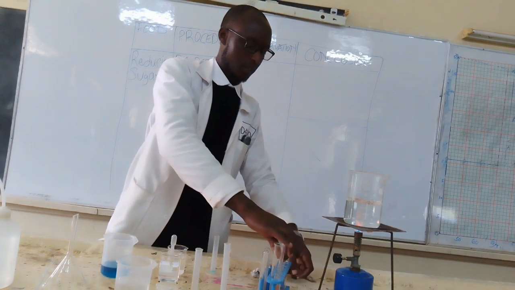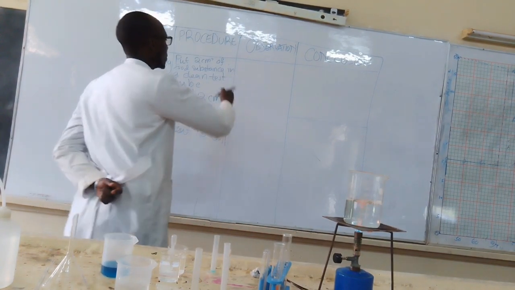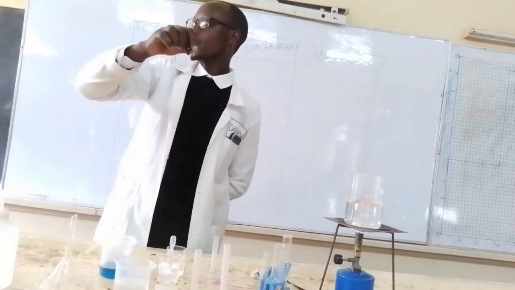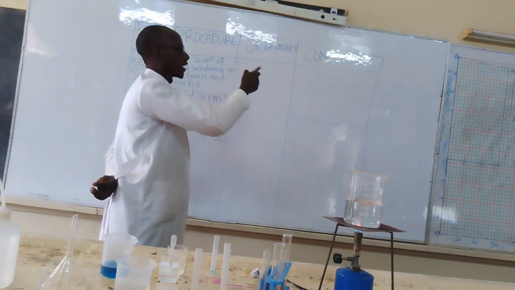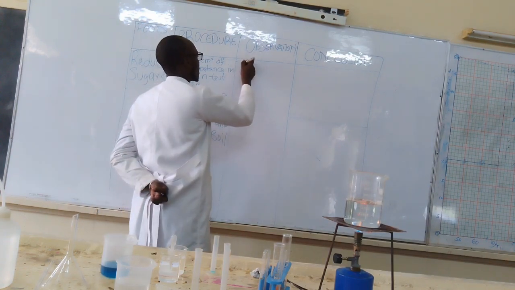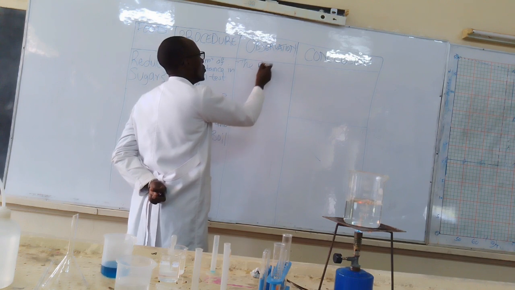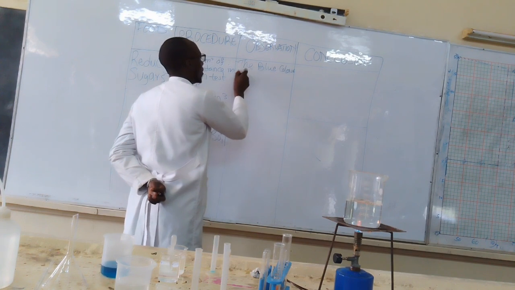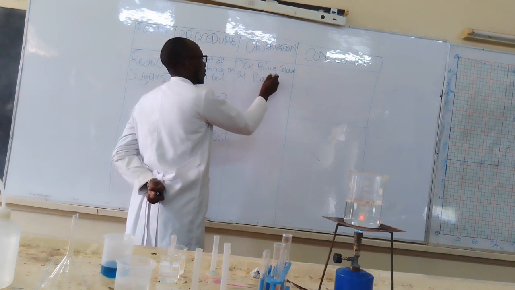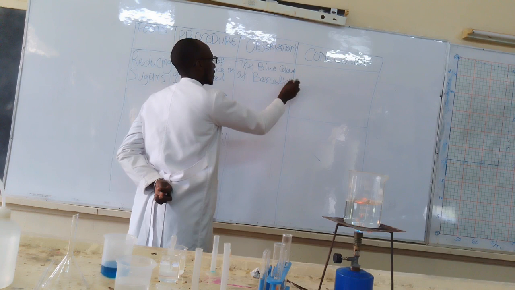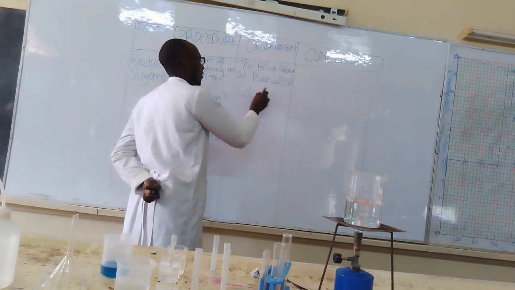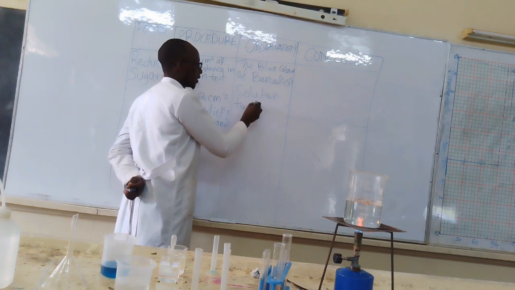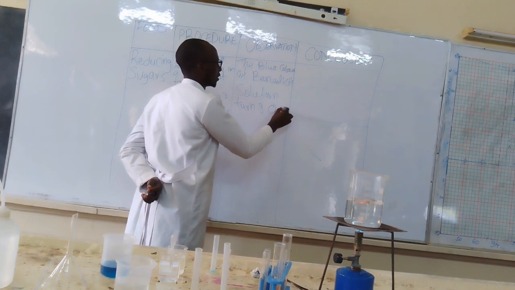So we made the observation, and the observation here is, I'm going to state the initial color of the mixture, and then finally I state the final color. So here is what I'm going to write. I'll say the blue color of Benedict's solution turns orange.